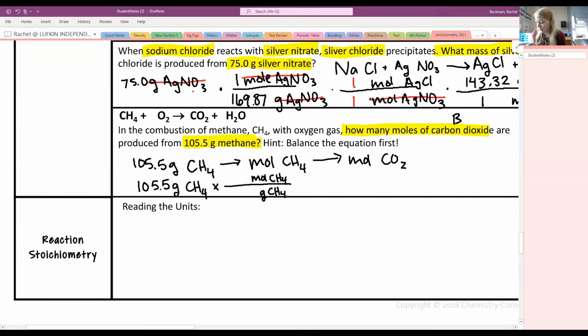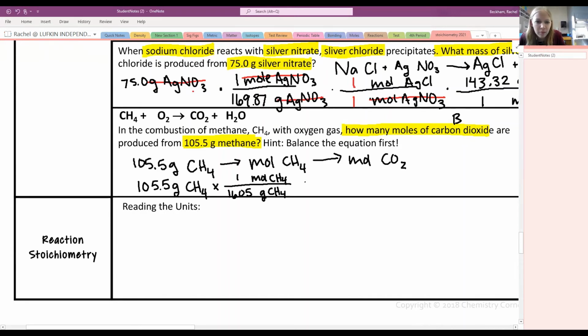The periodic table, right? We're going to get the molar mass. When I add that up, I'm getting 16.05. That number always goes with the grams, and the number 1 goes with the mole. So you should be filling this in.